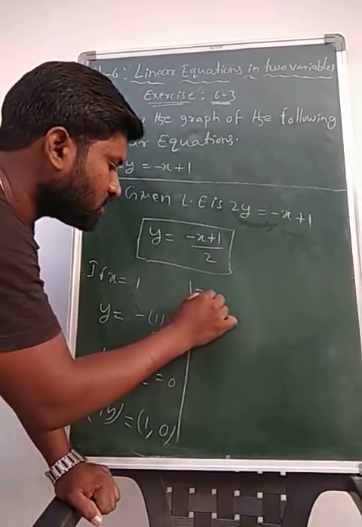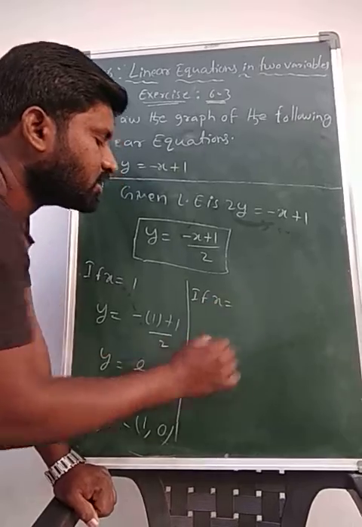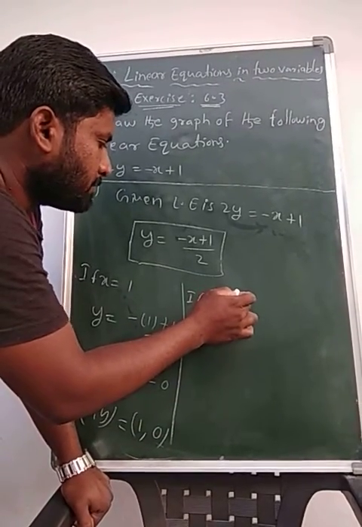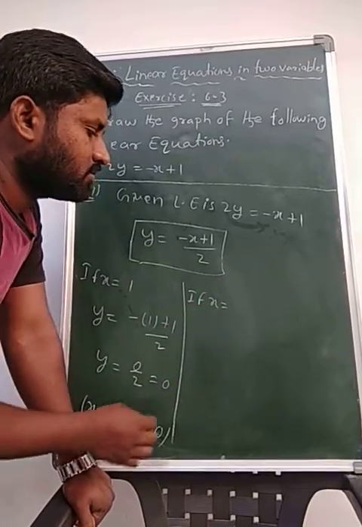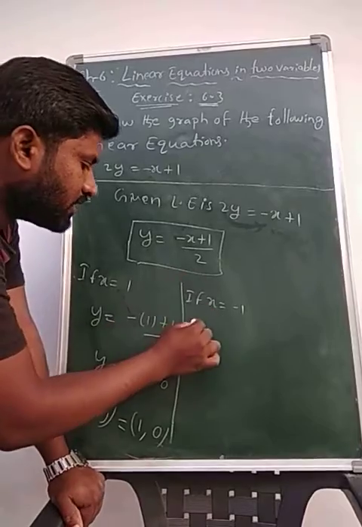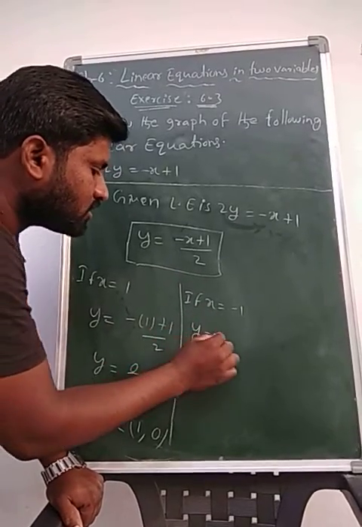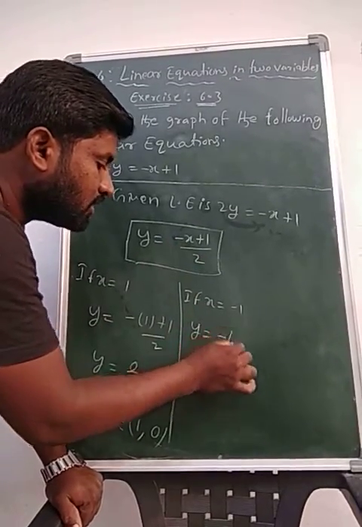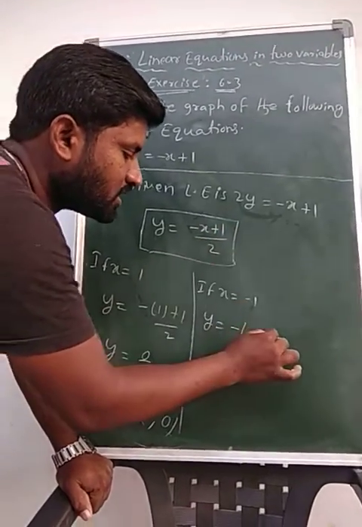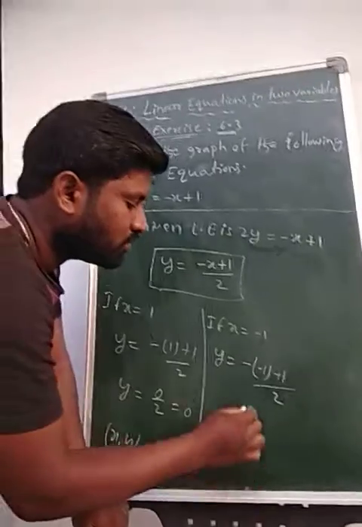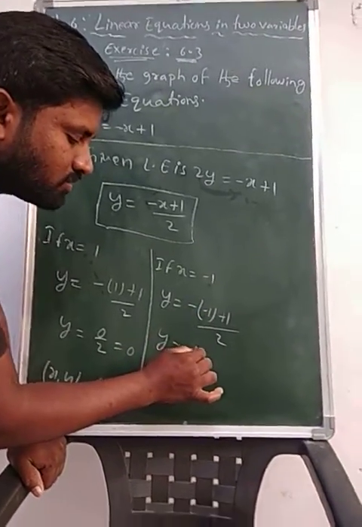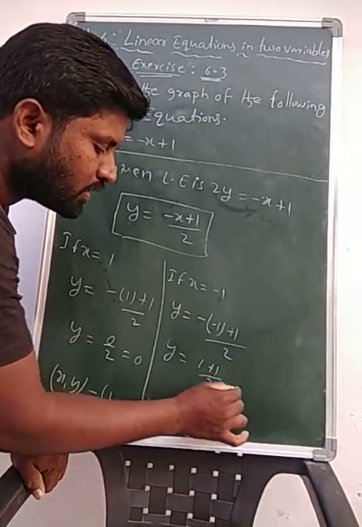If x = -1, then what happens? I am taking here y = (-x + 1)/2, and x is -1, so y = (-(-1) + 1)/2. Now y is minus of minus, that is plus 1, plus 1 by 2.